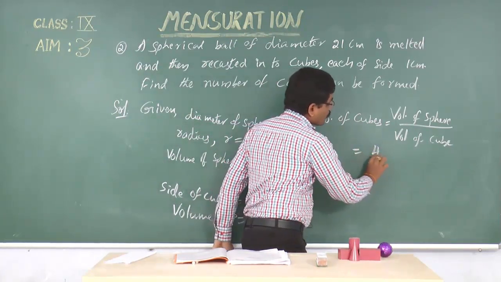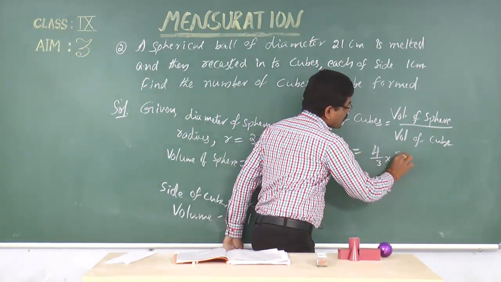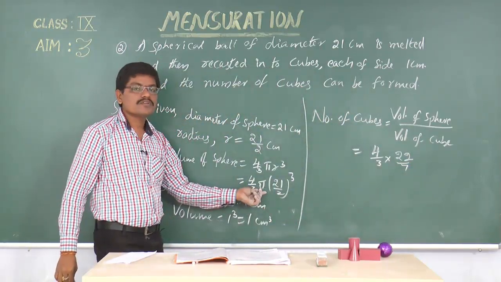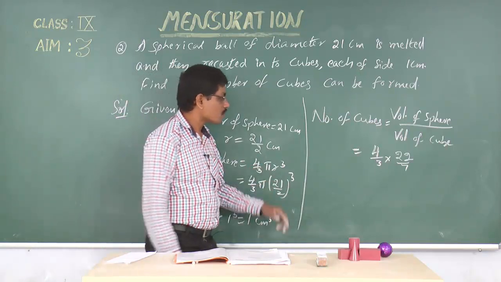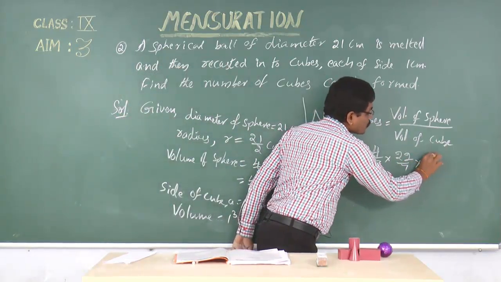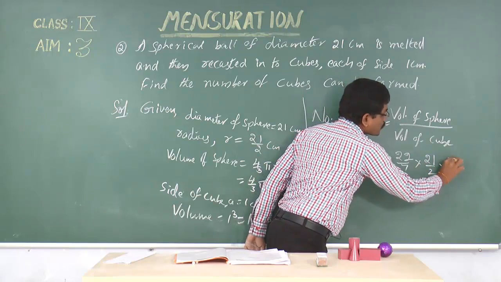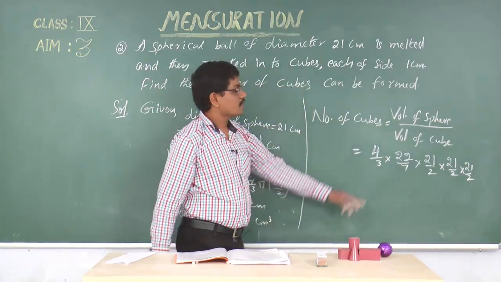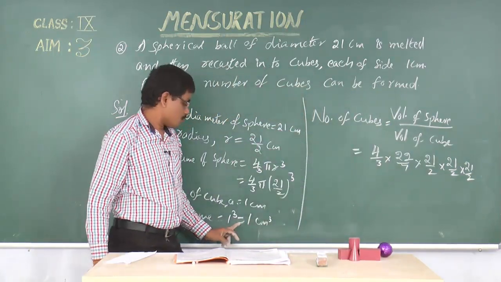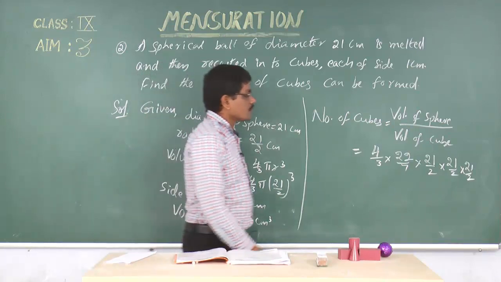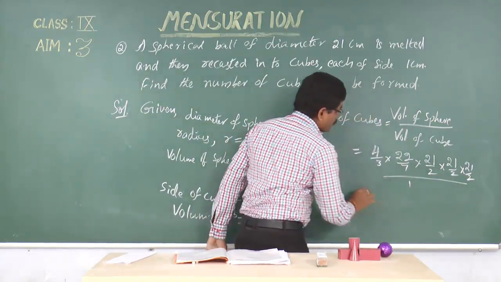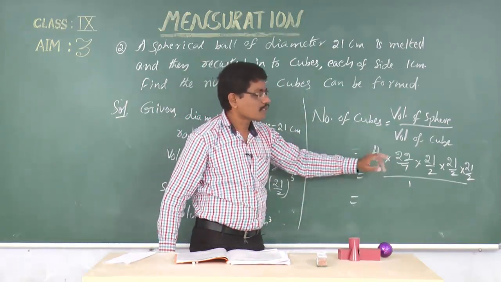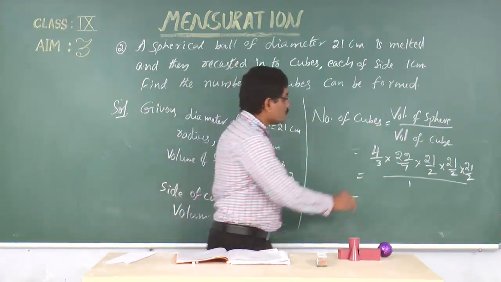So 4 by 3 into pi, whose value is 22 by 7, and 21 by 2 whole cube, that is 21 by 2 into 21 by 2 into 21 by 2, by volume of cube. Volume of cube is here 1. So the whole divided by 1 is equal. Simplify this value, and we will get the number of cubes that can be made.